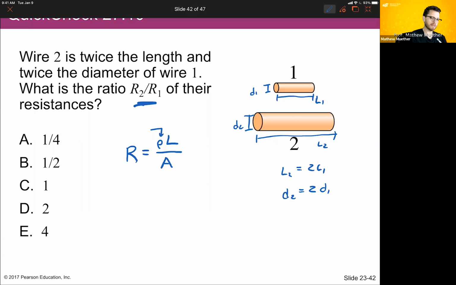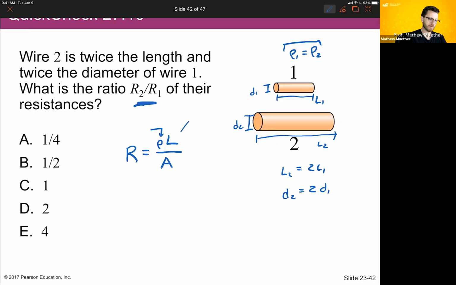How does the resistivity compare between these 2 segments of wire? Well, if we assume they're the same material, then resistivity 1 has to equal resistivity 2. Again, it's just a material property, so you go look that up for copper. If you have the same material, you have the same resistivity. So the only thing that's different here is the geometry of this setup.